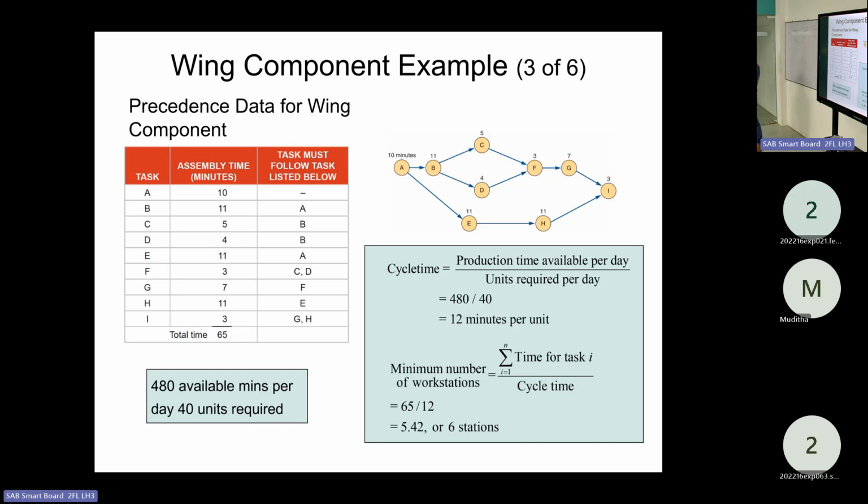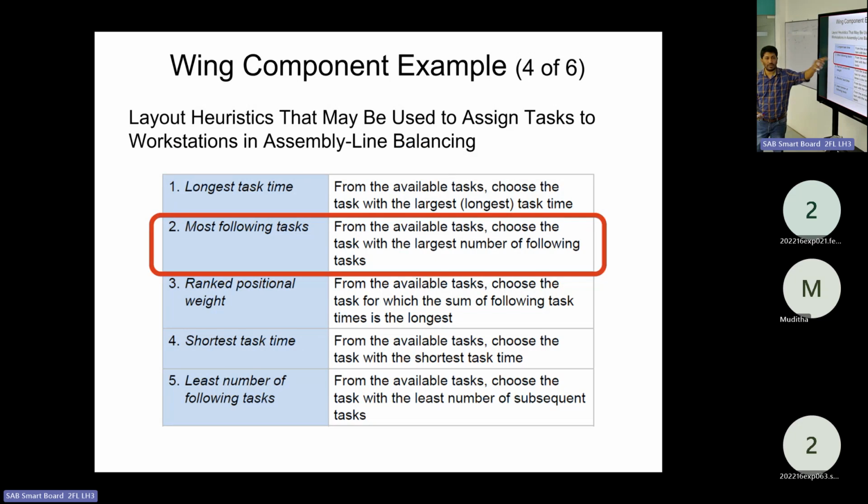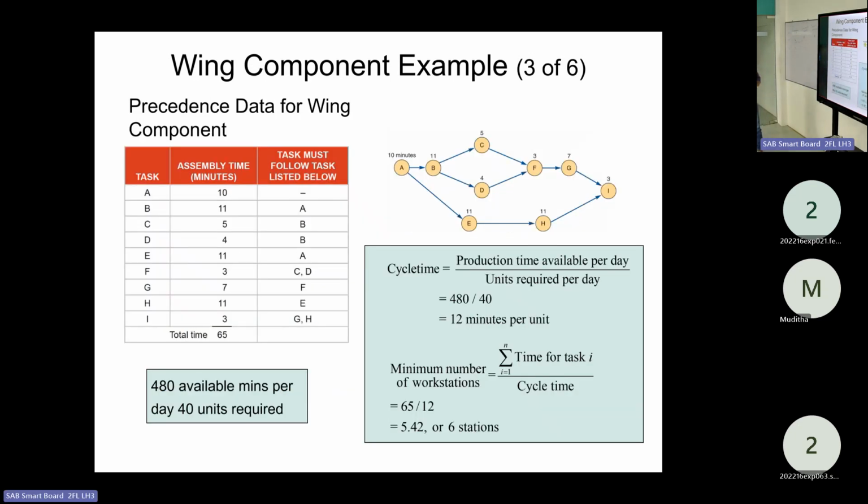So we move to the second rule, the tiebreaker rule: the task that has the most number of following tasks. In the precedence diagram, we can identify different tasks. We have to consider B and E. We calculate how many following tasks each task has.